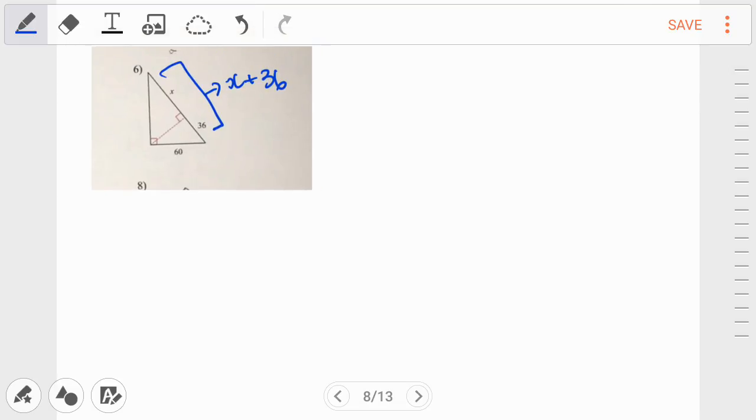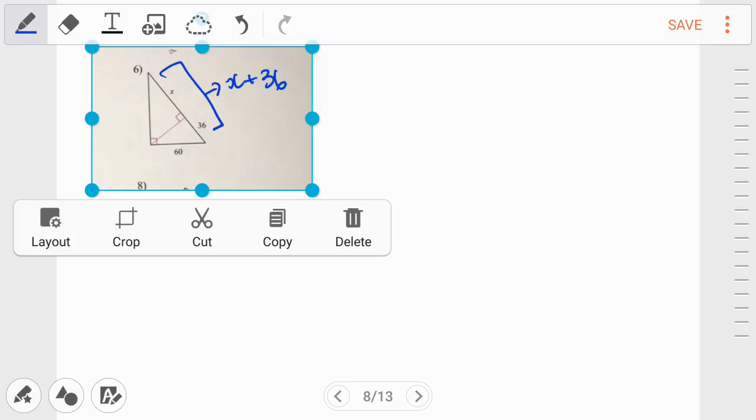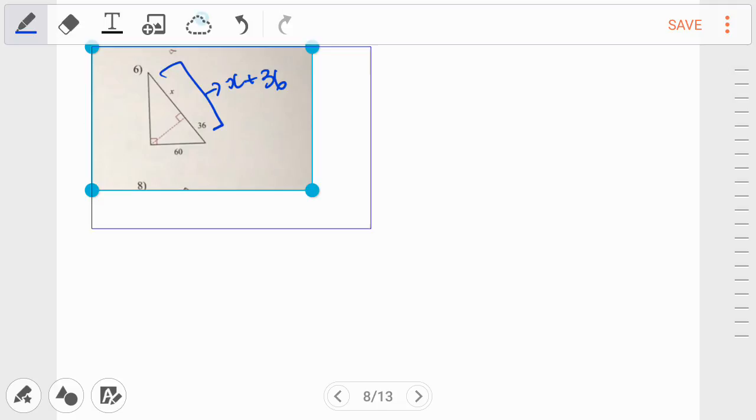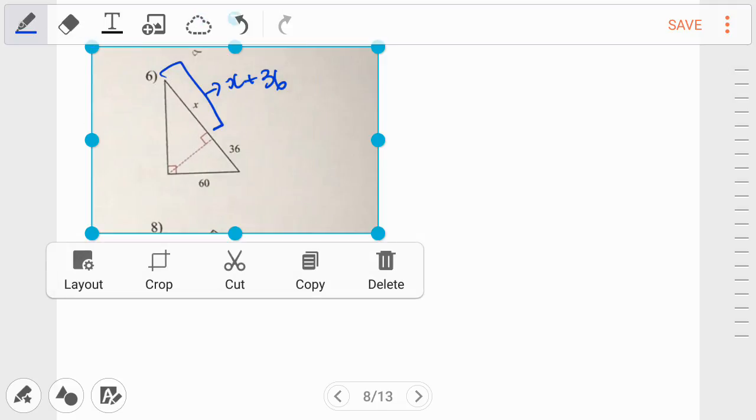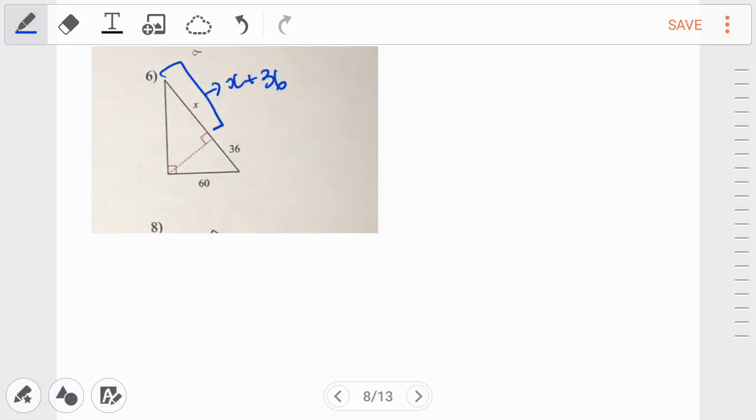So what I want to do is, let me make this picture bigger. So instead of taking the bigger triangle, take the 2 small triangles.